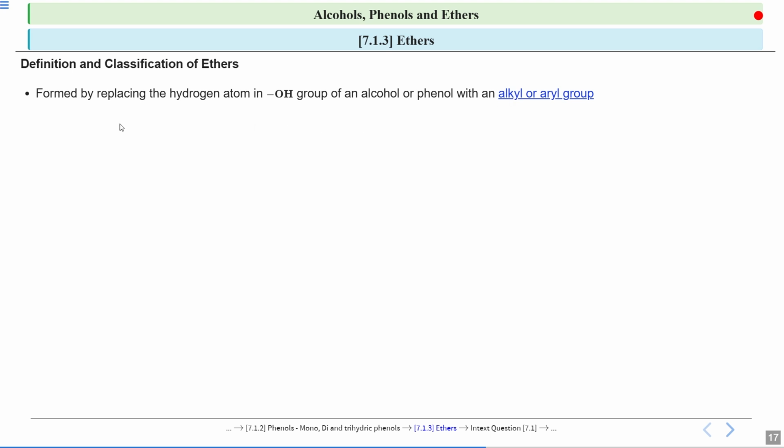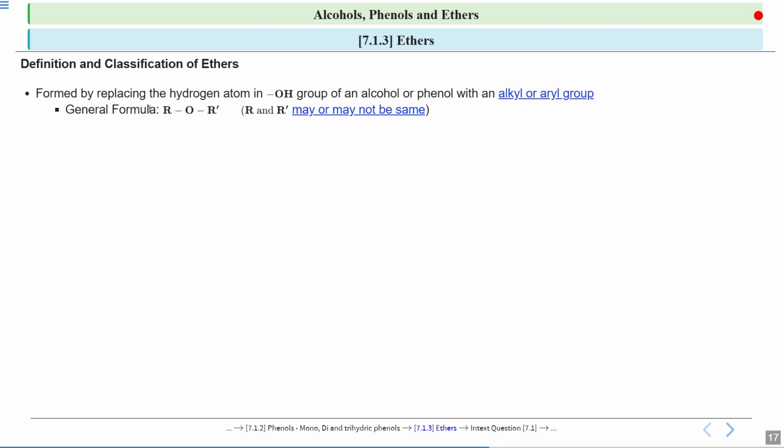So the hydrogen atom will be replaced in the hydroxyl group, and the alkyl or aryl group will add to the oxygen and form the ether. From the alcohol or the phenol hydroxyl group, the hydrogen atom is removed and replaced by the alkyl or aryl group, and you get an ether.